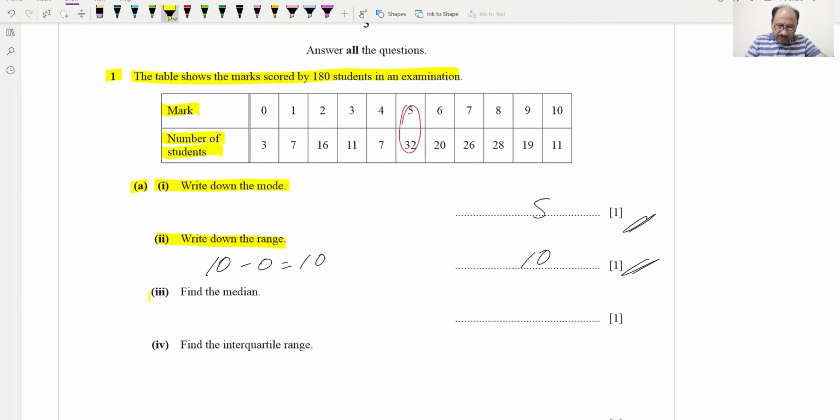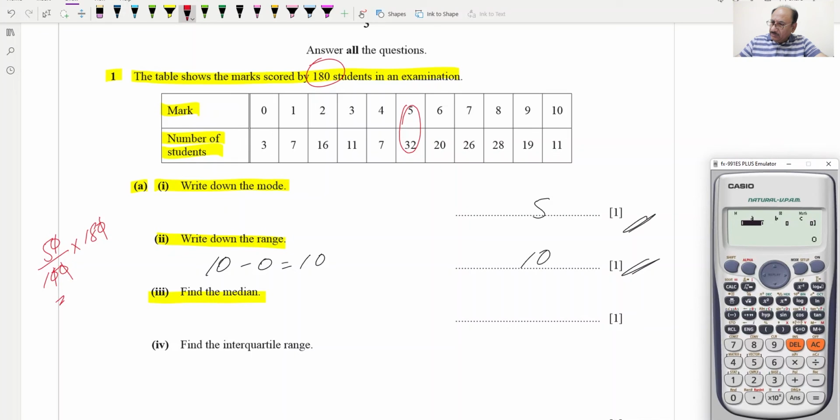Find the median. Median is the middle value, and the middle value will be the 50th percentile. So for the 50th percentile, we can write 50 over 100 of the 180 students. The zeros will be cancelled, and 18 into 5 will be equal to 90.